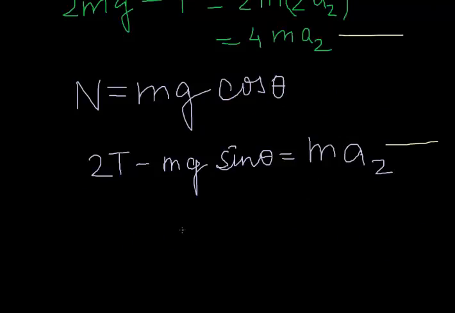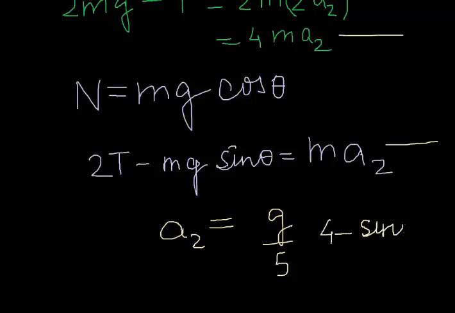Now from this equation and the previous one we can find the value of a2, and a2 comes out to be g upon 5 (4 minus sin theta).